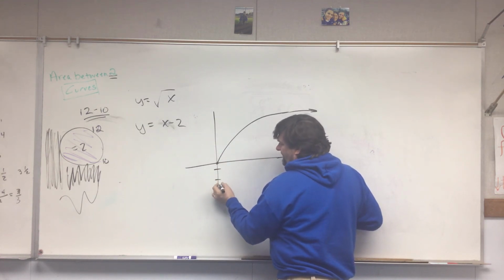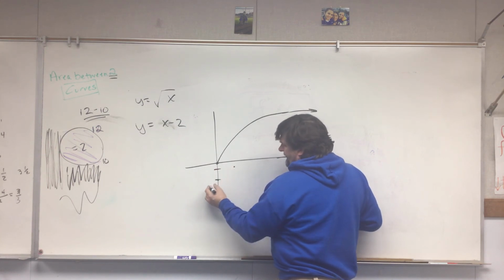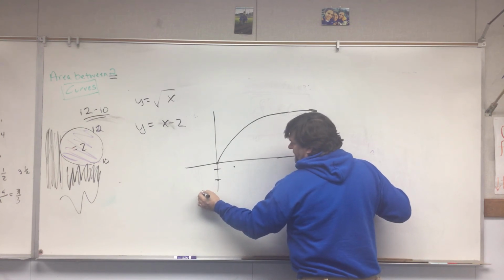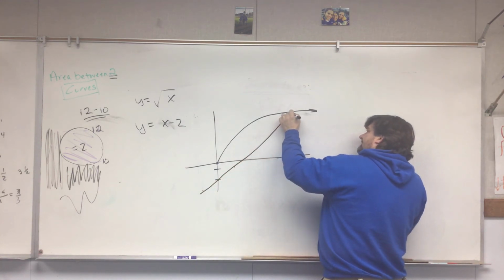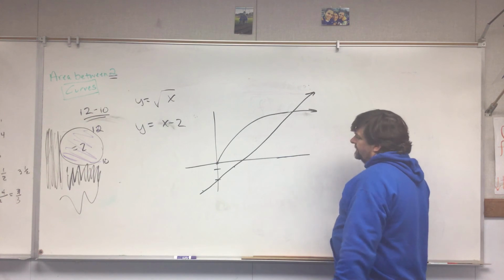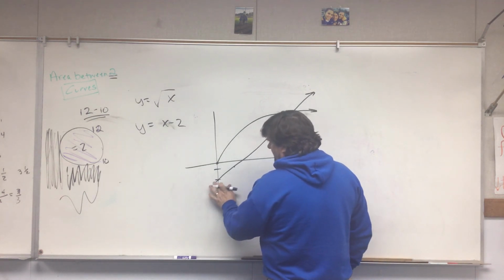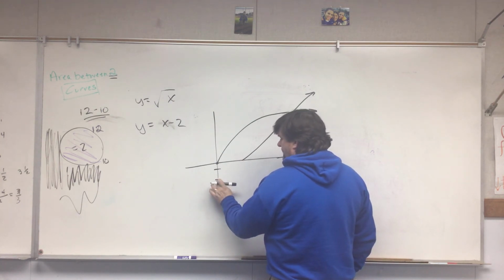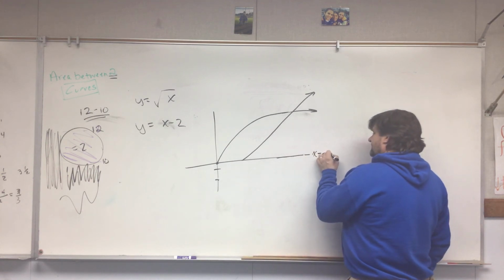So I'm going to go down to -2. I'm going to go up 1 and over 1. And I'm going to take this thing and I'm going to draw a line like that, let's say. Okay? So now what they want is the area above the x-axis.